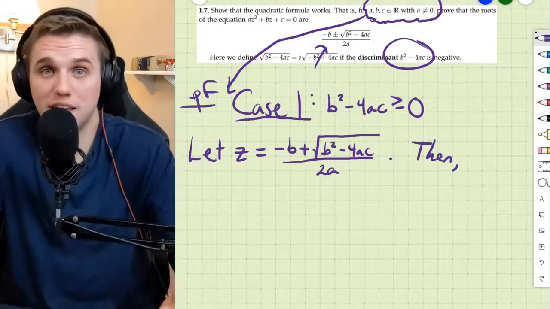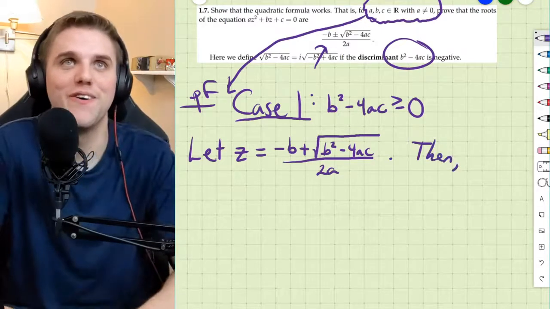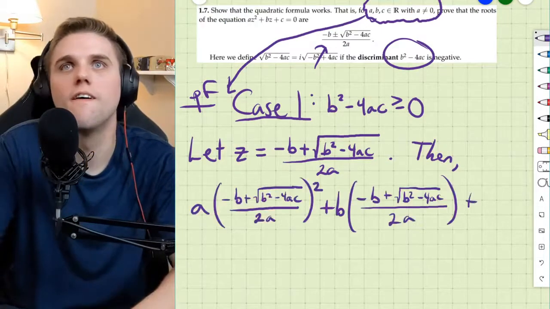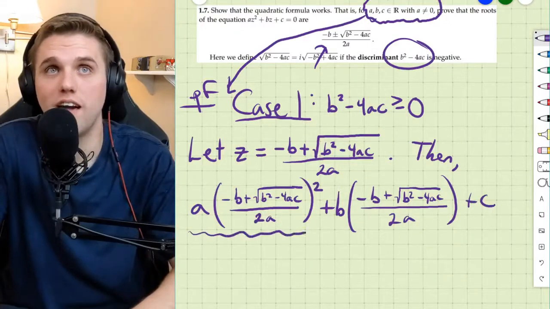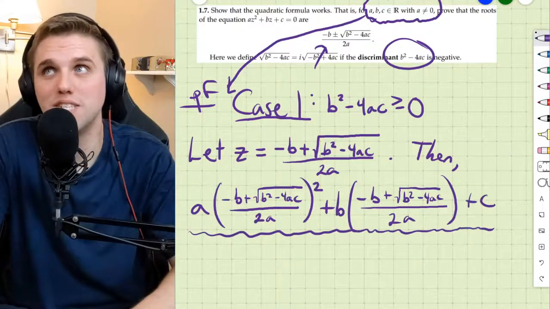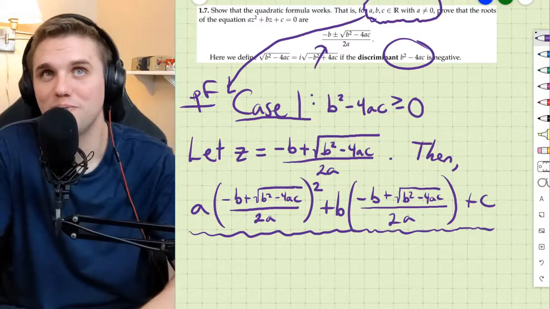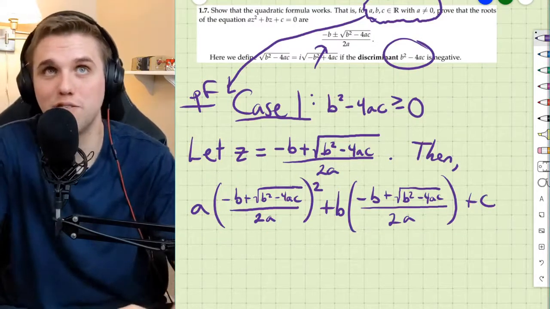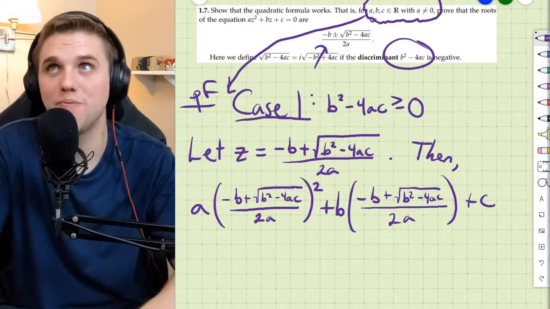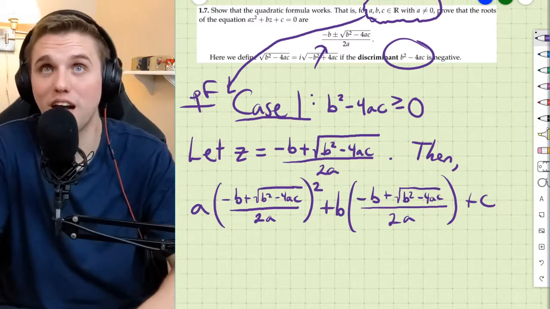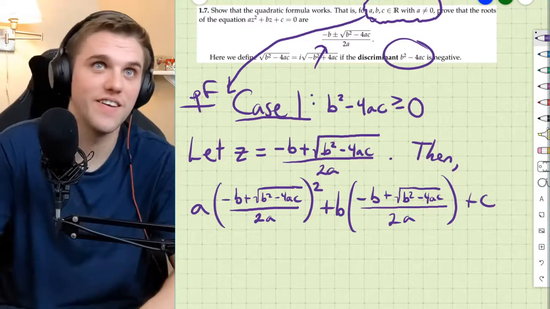And so now I can just plug in z and see if I get 0. All right, so now I have az squared plus bz plus c, but I just replaced z for what z was. And hopefully I get 0 as a result here.